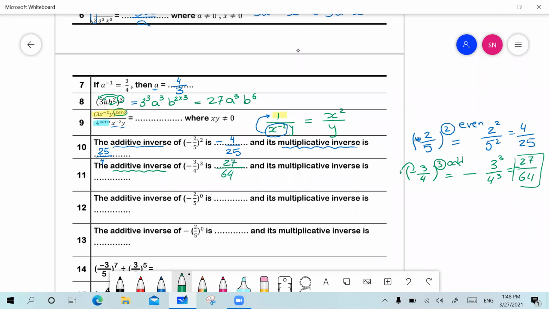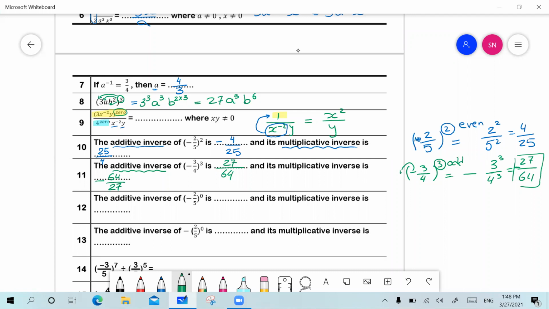Thank you. والمالتيبليكاتيف انفرس هيبقى الفليب اوف ذا فراكشن. flip of the fraction بالنيجاتيف ولا بالبوزيتيف؟ هو الانسر لا بالنيجاتيف عادي. بالظبط. عندي هنا النيجاتيف 27/64 يبقى هتبقى النيجاتيف 64/27. Thank you يا مصطفى.